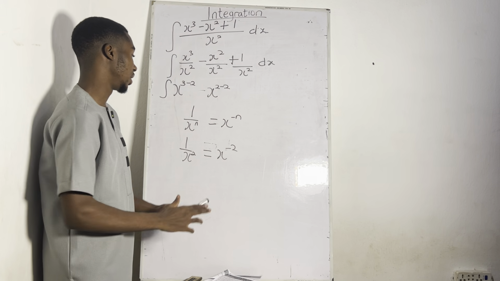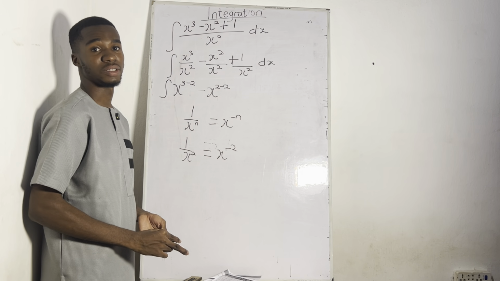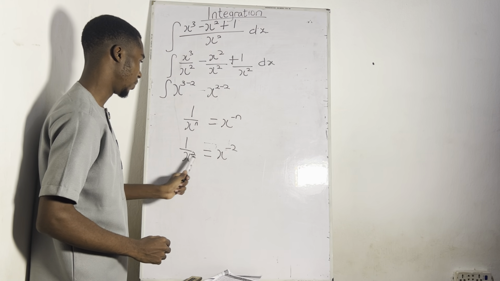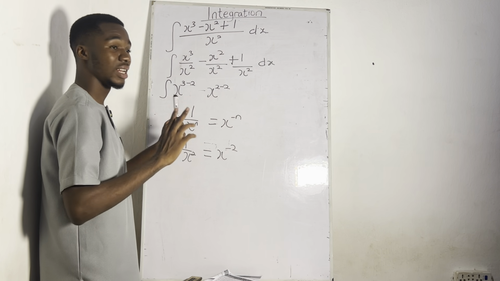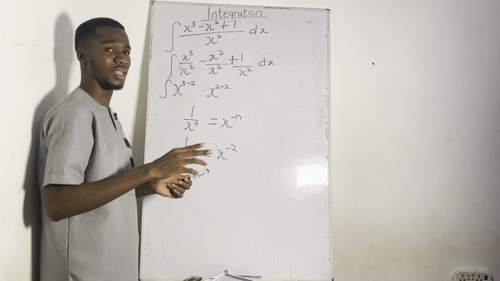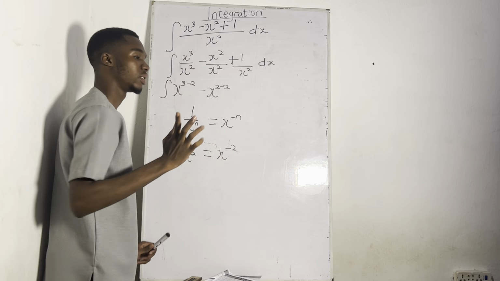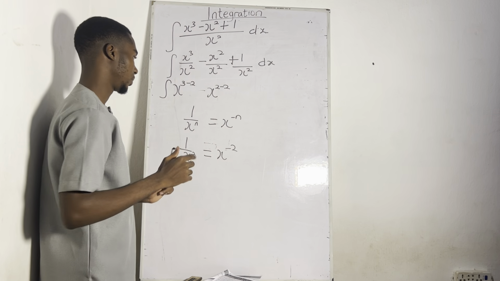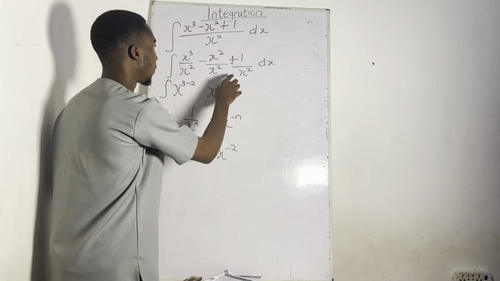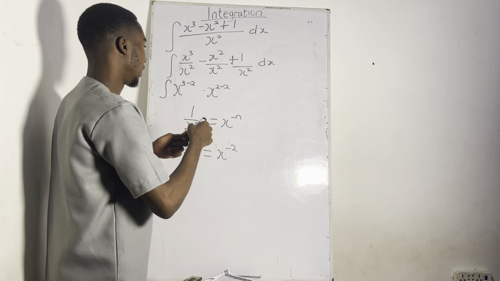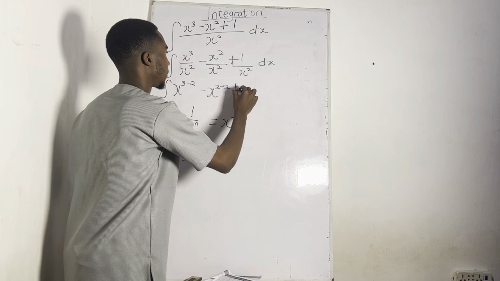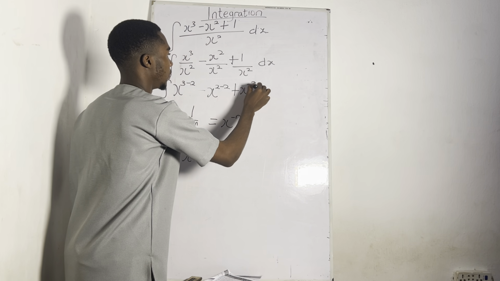This is just a general indices formula. In other words, when you have 1 over x to something, just take the base, which is the x, then whatever is at the exponent, just make it negative. So now 1 over x squared will give us plus x exponent negative 2.